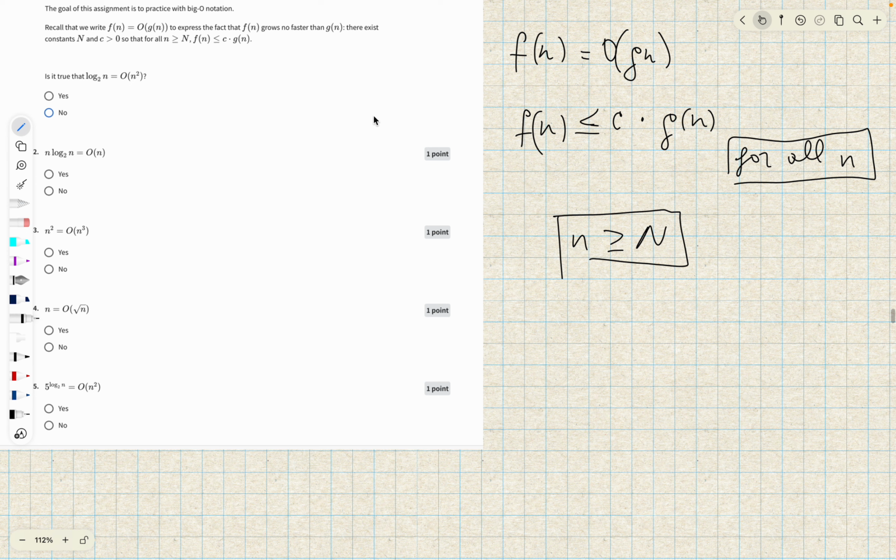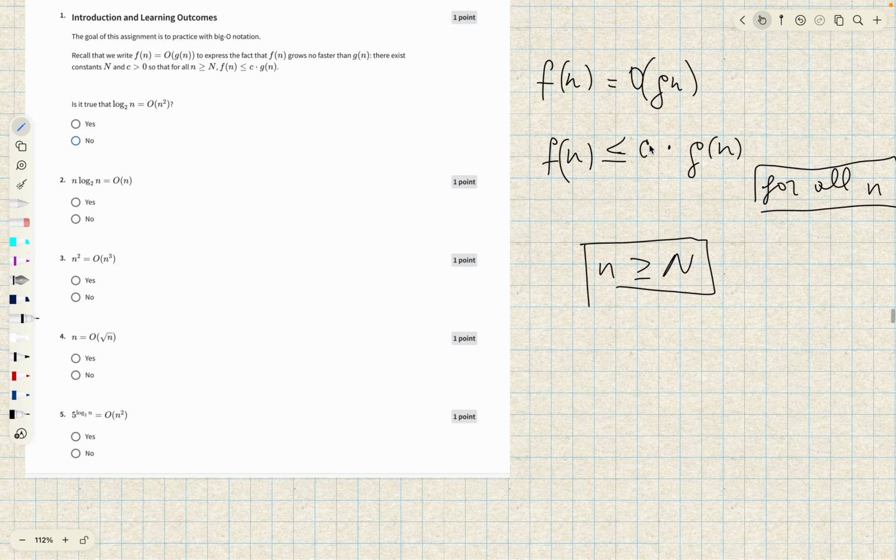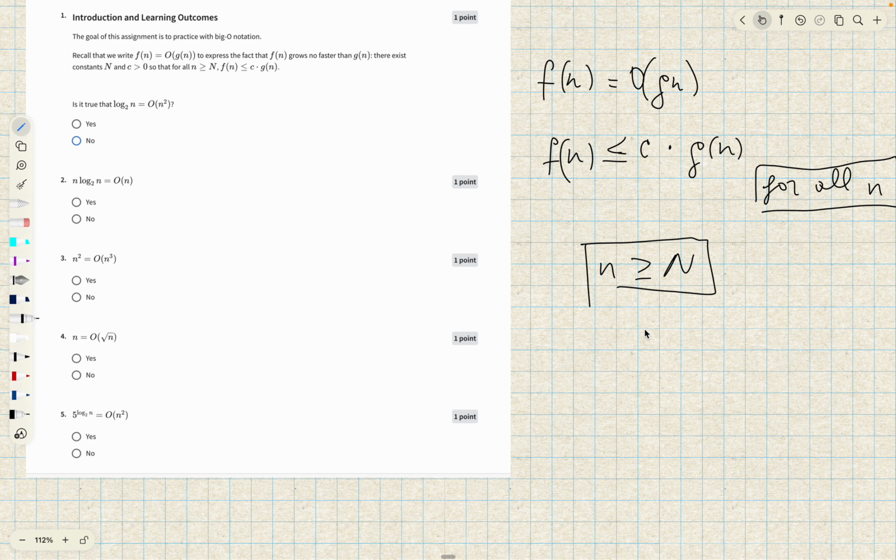Let's try to find that here. This is our first function. Is it true that log 2n is the big O of n squared? In that case, F(n) will be log 2n, and G(n) will be n squared.